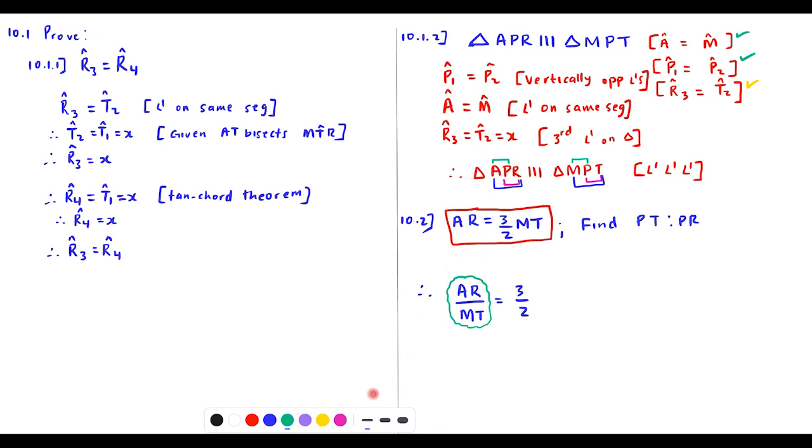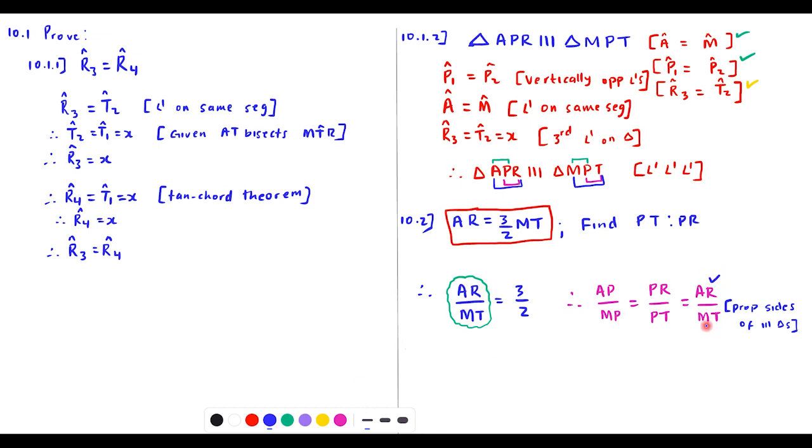So now we can say that AP over MP is equal to PR over PT, which is equal to AR over MT, right? This came from the previous question, and the reason for this is proportionality of sides of similar triangles.